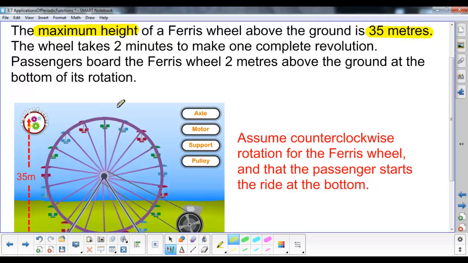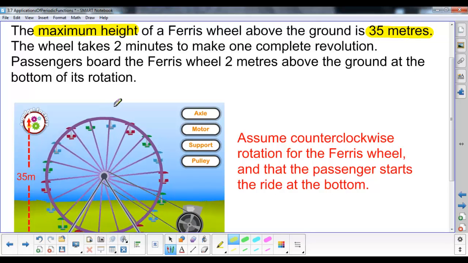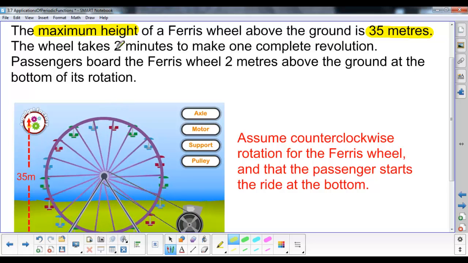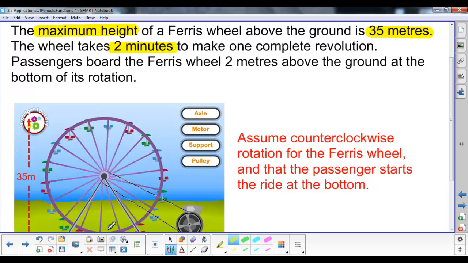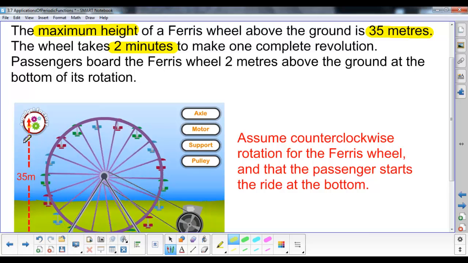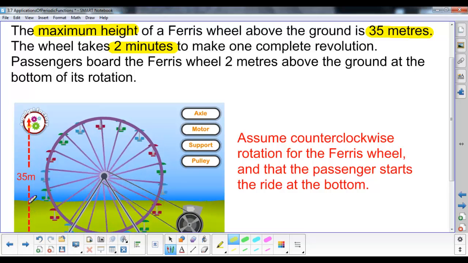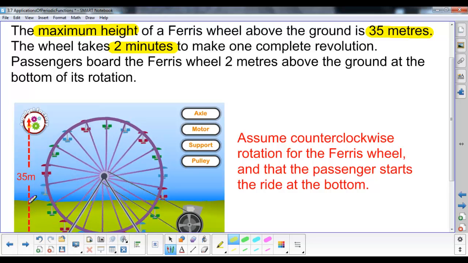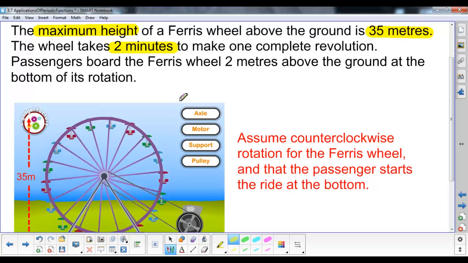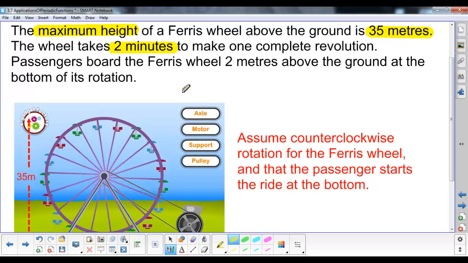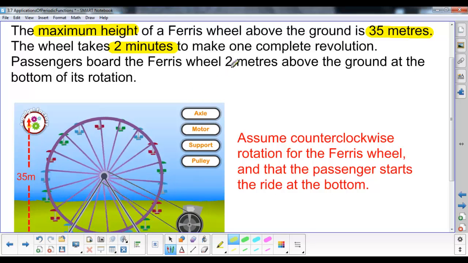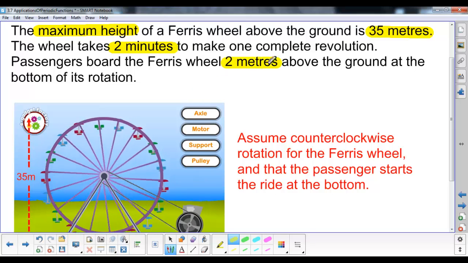It also says that it takes 2 minutes to make one complete revolution. This tells us the period. So from when someone gets onto the Ferris wheel at the bottom, makes one complete turn around, and ends up back at the bottom, that takes 2 minutes. It also tells us that people get on the Ferris wheel 2 meters above the ground.